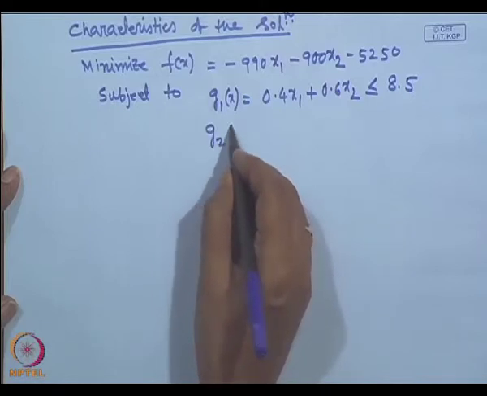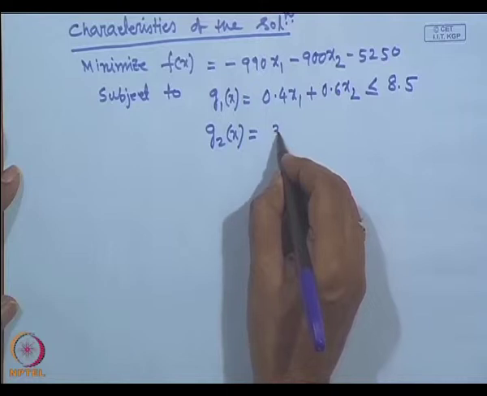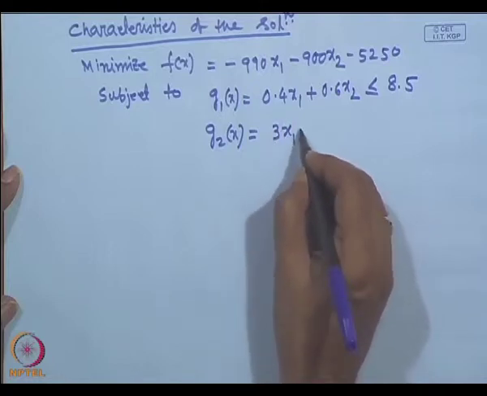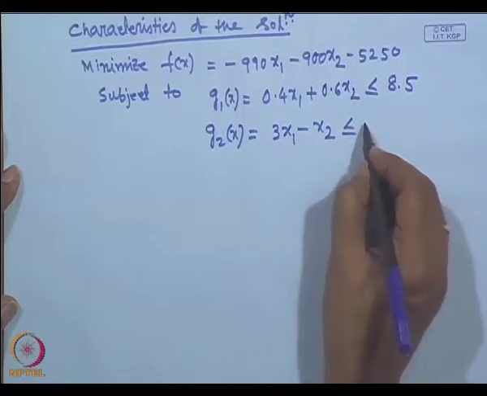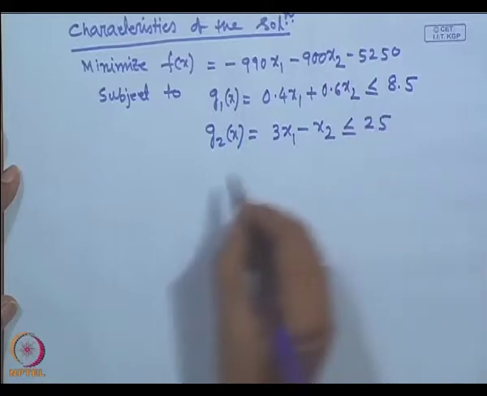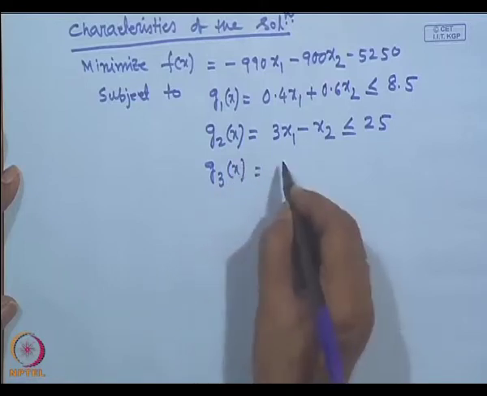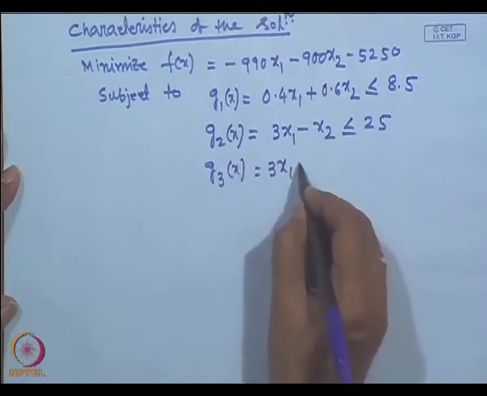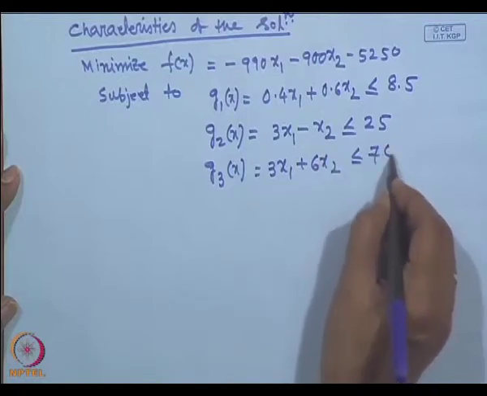Then g 2 of x equal to 3 x 1 minus x 2 less than or equal to 25. And g 3 of x equal to 3 x 1 plus 6 x 2 less than or equal to 7.